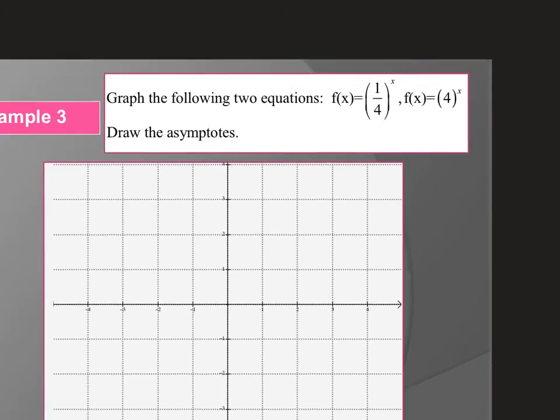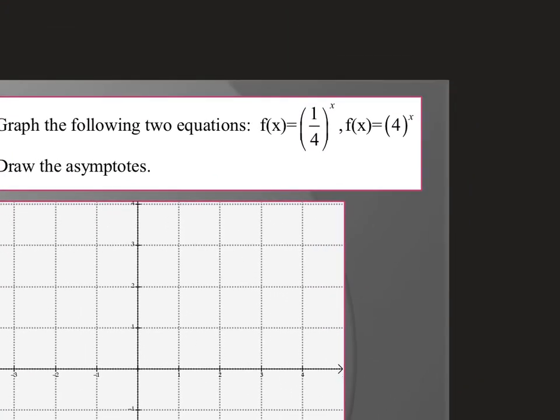Let's compare. How are these two similar and or different? One is a decay, one is a growth. On the first one that I showed you, the bases were the same, right? 3 to the x and 3 to the negative x.